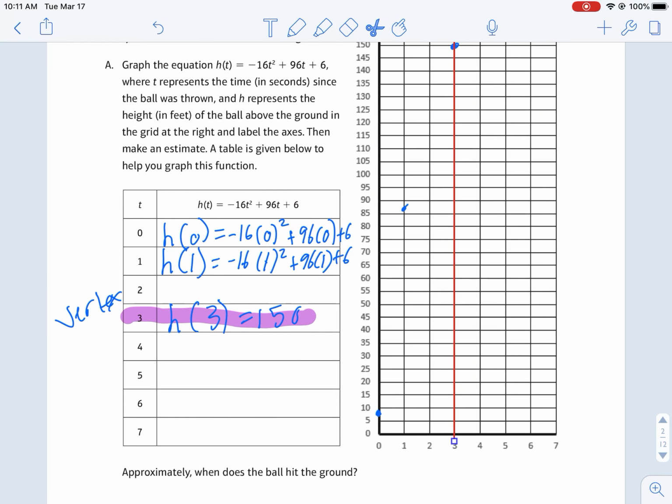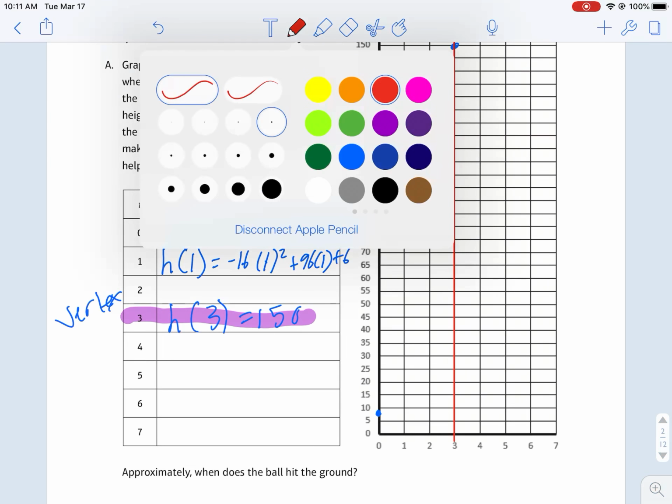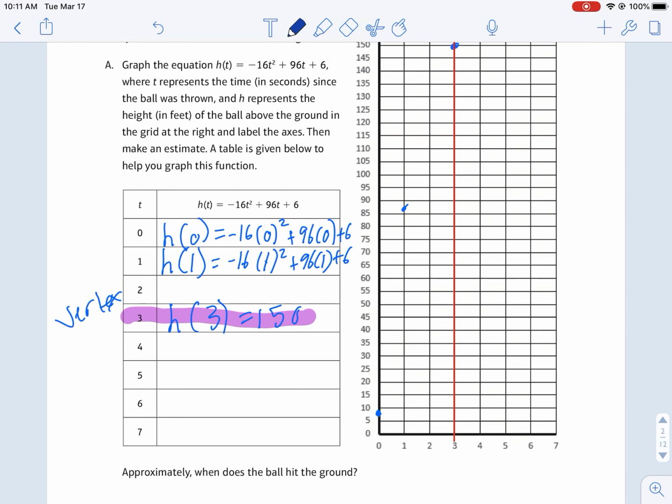That looks pretty good. And now I can also use symmetry to graph other points. So this first point over here, that's 3 units away from the line of symmetry. So if I go over to the 6, I should have another point there because it's symmetric. Same thing with this point. Since that's 2 units away, I'll have another point 2 units away.